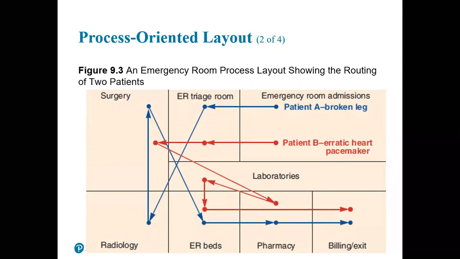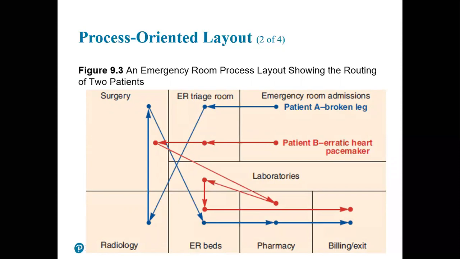So we're interested here in basically figuring out what are the different activities, what activities do all people or different processes do all patients have to go through, and those should be put in places where it's easily accessible to every patient. And then there's certain activities that only a couple of the patients might go through, and not all of them. And those could be placed in places which are not immediately accessible to all the different patients who come in. Okay.